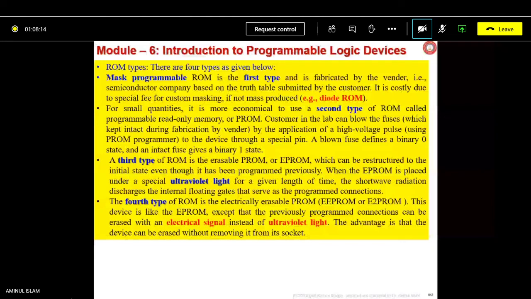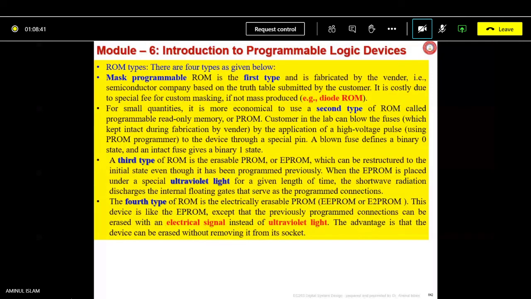Okay. Similar kind of thing is done. The diode is conducting and connecting the horizontal line with the vertical line, isn't it? Remember that? Yes, sir. Here, instead of a diode, you are using a fuse. Its name is changed.